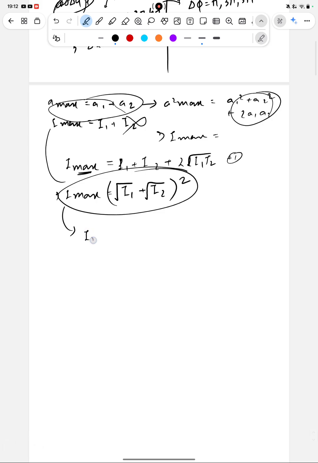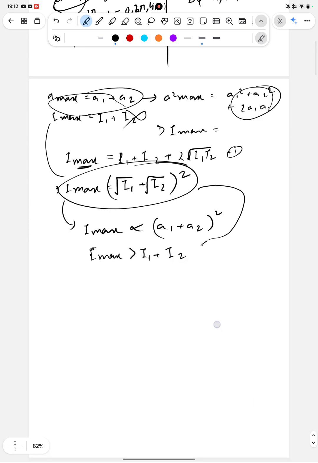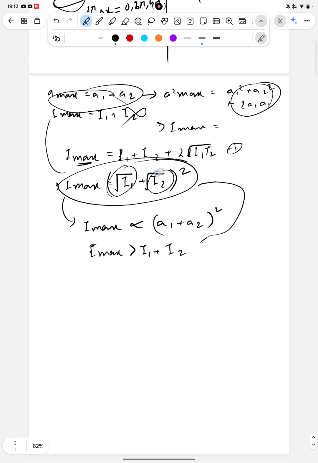So I max is proportional to a1 plus a2 whole square. And through this analysis we get I max is greater than I1 plus I2, because it's the square of the sum, right? So we get I1 plus I2 plus 2 root I1 I2.